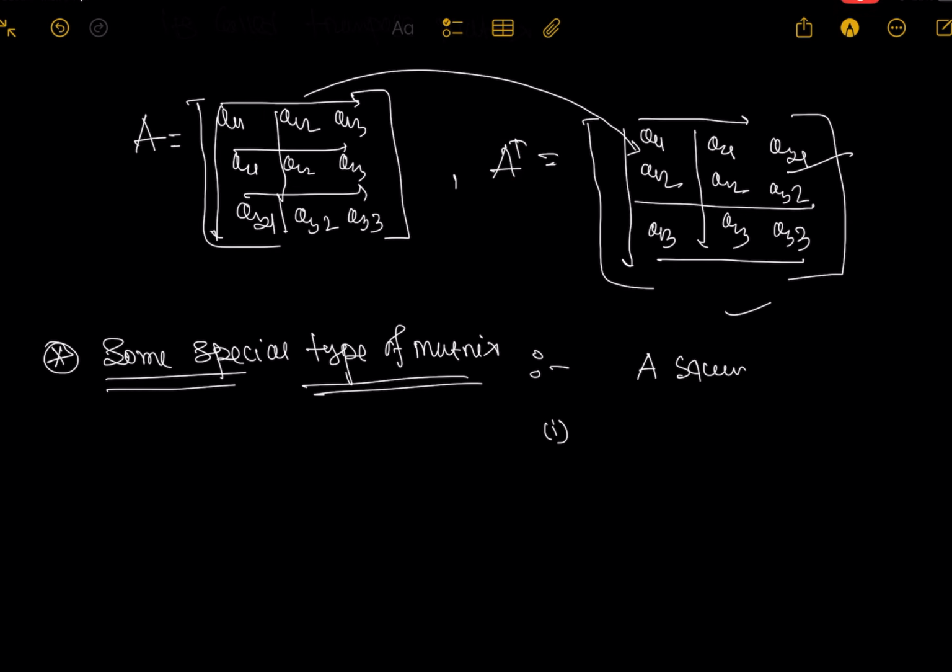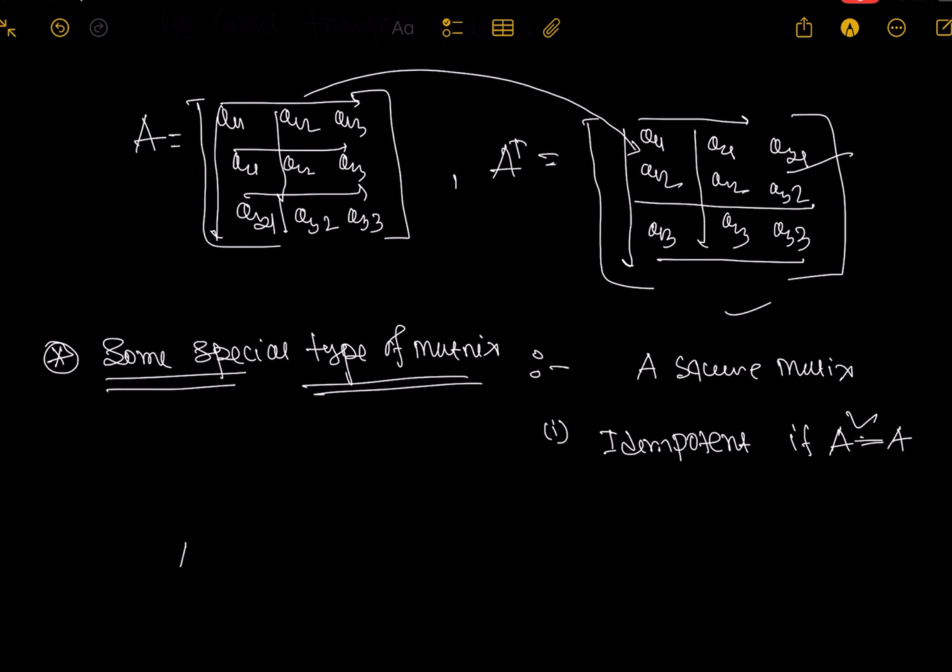A square matrix. Idempotent matrix. If A square equals A, then we call this an idempotent matrix.